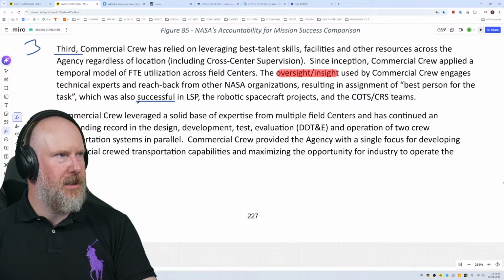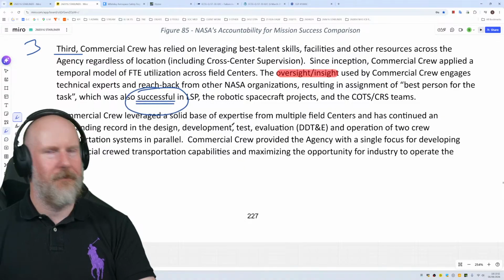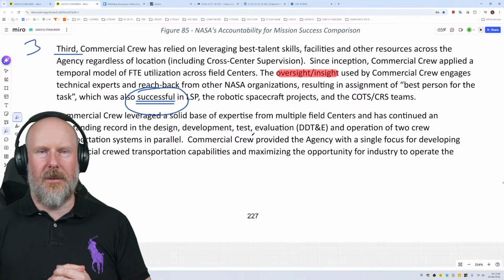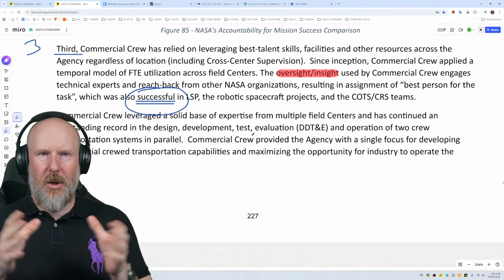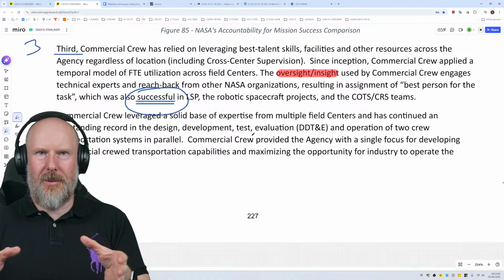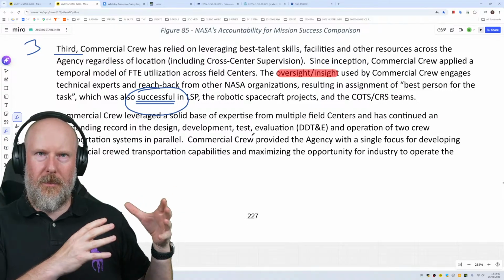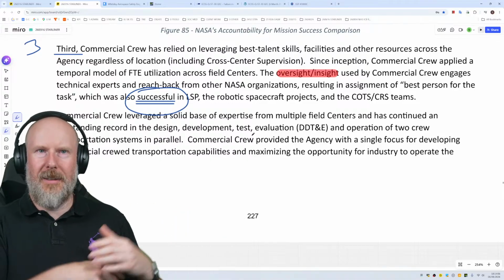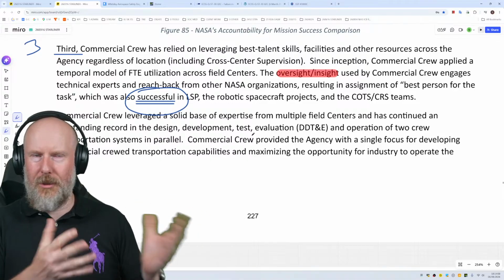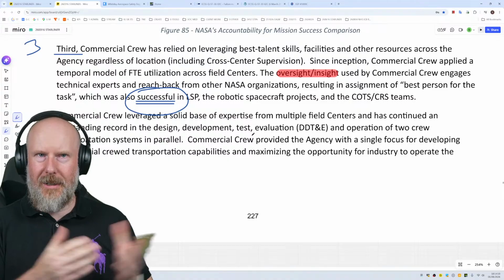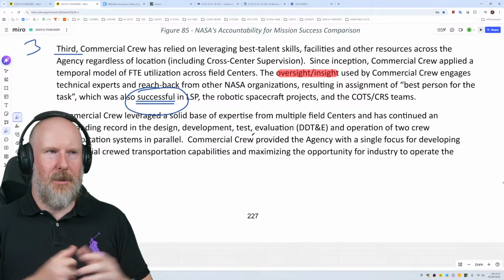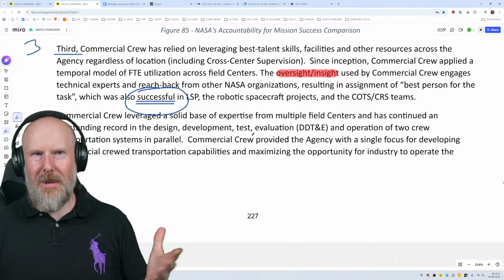Right, so you see this here. If something was successful in other applications, fantastic. But are those other applications equivalent to human spaceflight and the complexity involved and the safety cases and the levels of risk and all of that kind of stuff? Because I'd argue they're probably lower risk projects. Of course they're going to be upset if they lose some of these missions.